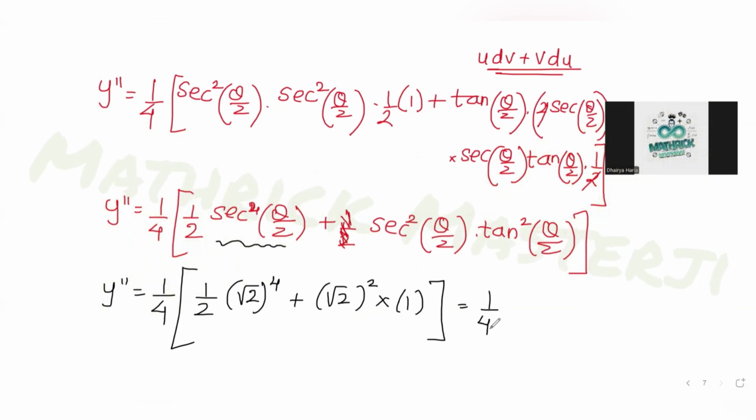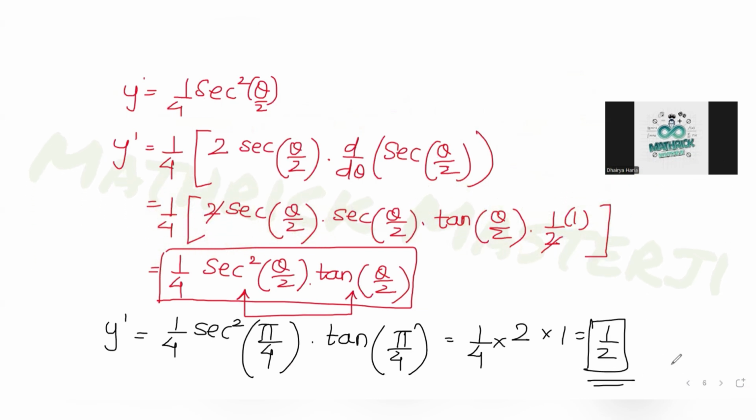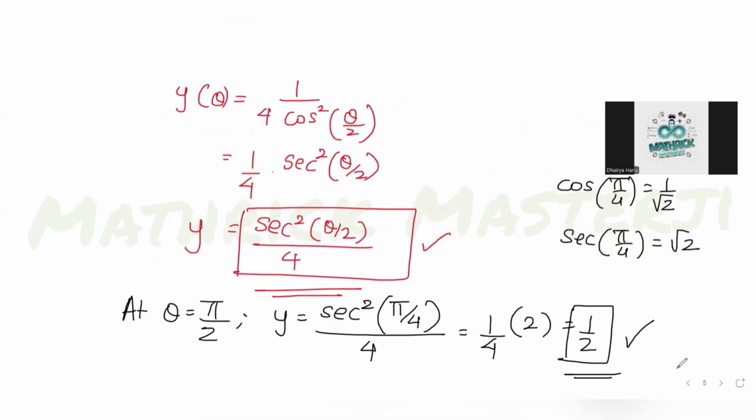So 1 over 4, 1 over 2, root 2 raised to 4, which is 2 raised to 2, which is 4, plus root 2 square, which is 2. So from here, I get 2, 2 plus 2 is 4, 4 over 4 is 1. So I get y double dash also 1, y dash is half, and y is half.